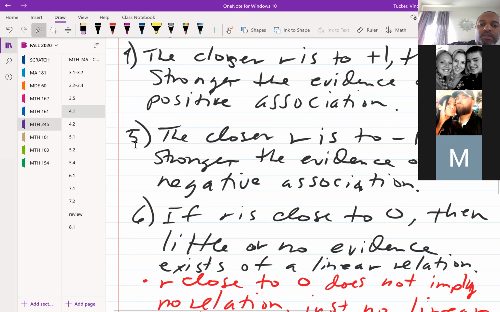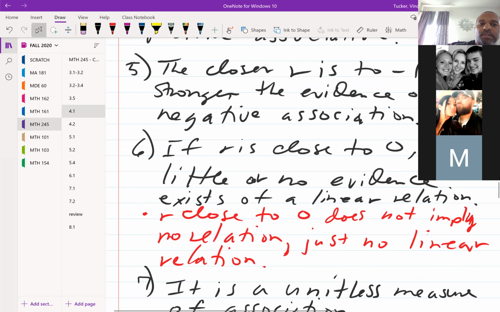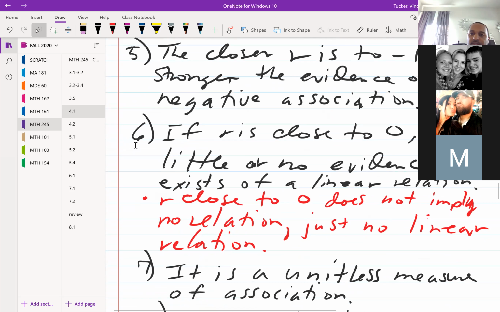All right, so going on to number 6. If R is close to 0, then little or no evidence exists of a linear relation. And then it goes back to what I said earlier. R being close to 0 does not imply no relation, just no linear relation.